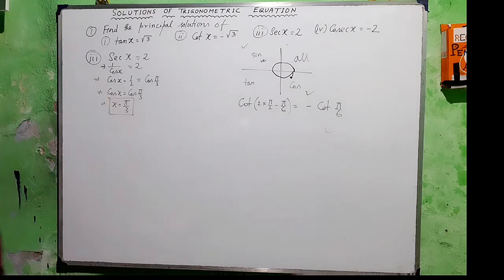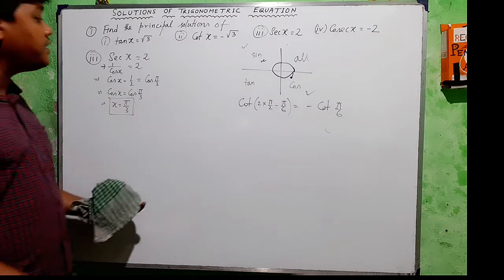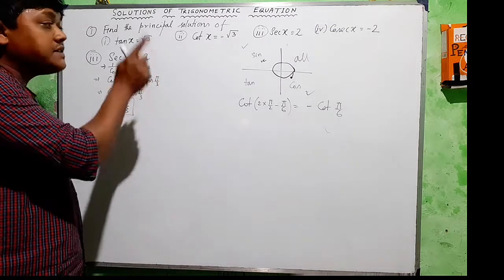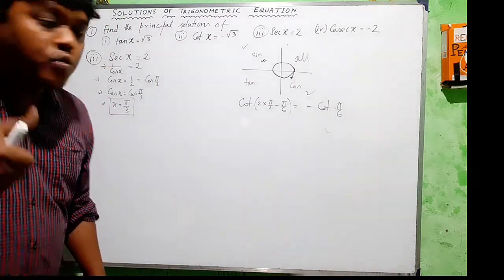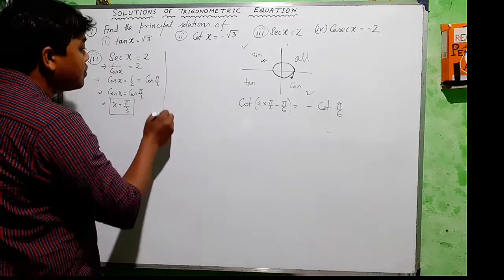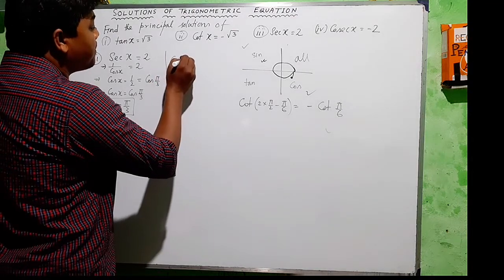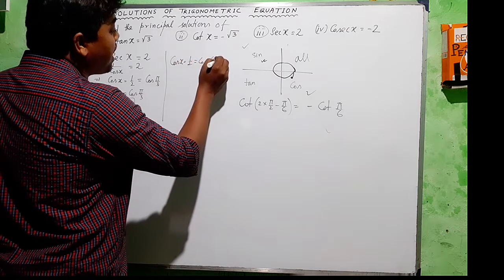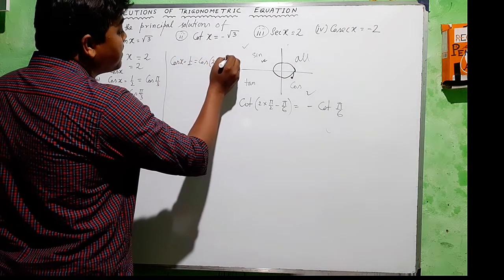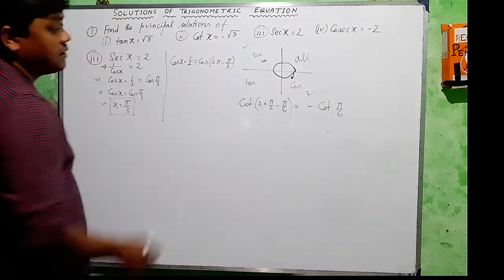One solution. Another solution: in which quadrant does this angle lie? It lies in the first quadrant, and cos is also positive in the fourth quadrant. So similarly, cosine x equals half, so cosine of 2 pi minus pi by 3.